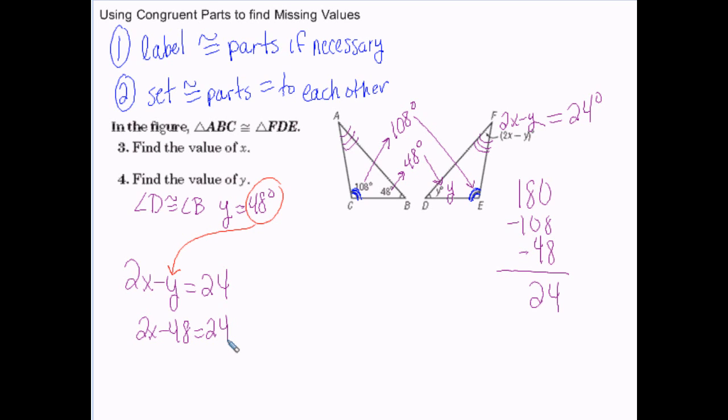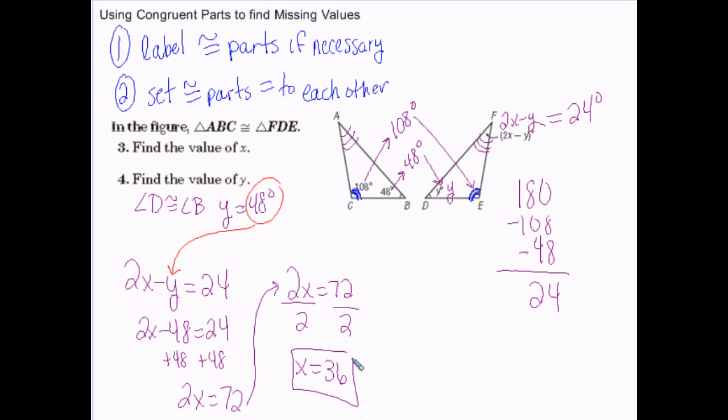Like that, and then I add 48 to both sides. So 2x is 72. Divide by 2. And there's x. So I found y first to find x. And that's what I meant when I said sometimes they don't always come in the best order for solving them. So look at the picture and solve the one that makes the most sense first.